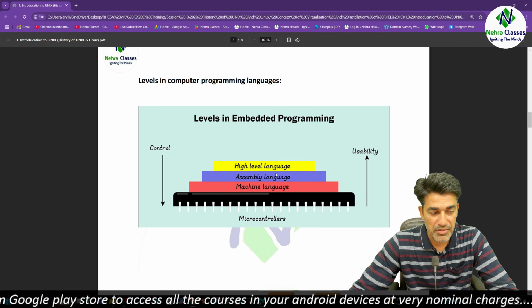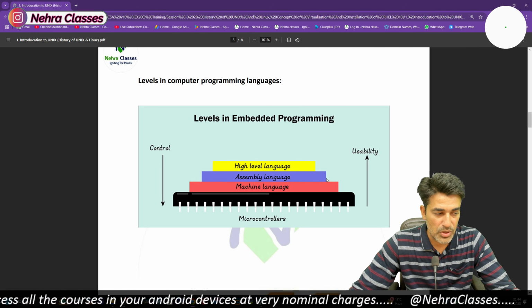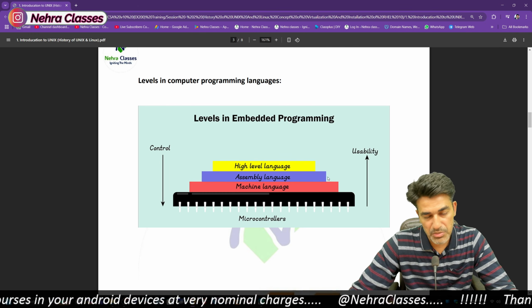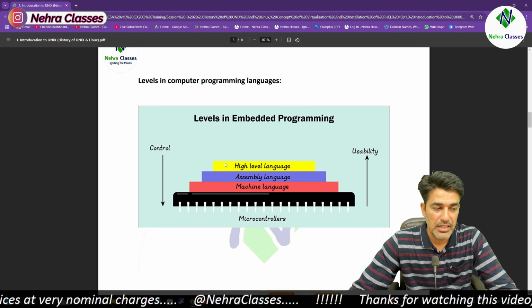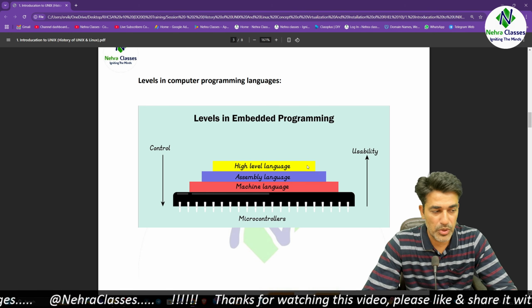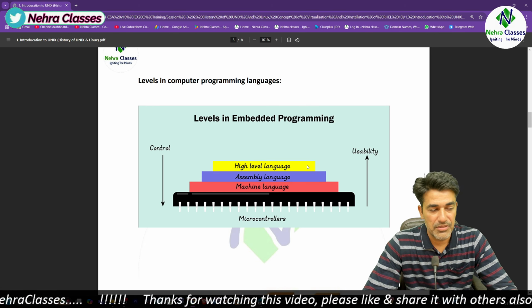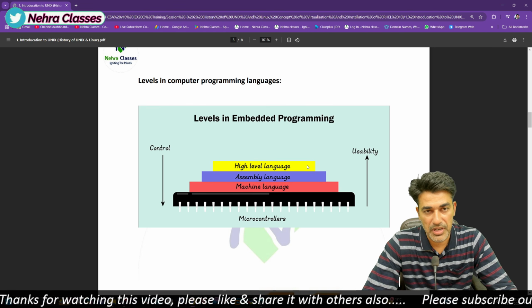While the assembly language has lesser control as compared to the machine level language, but it is slightly more usable. While the high level language is very usable and portable, but it has very little control as compared to the assembly level language and the machine level language.